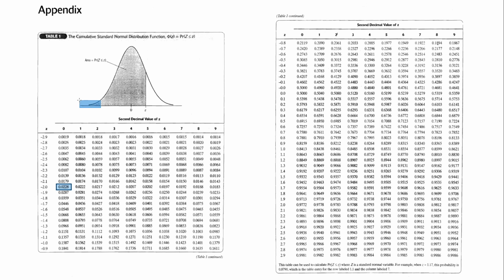So this z-table gives you only the left tail probability given a value of z.